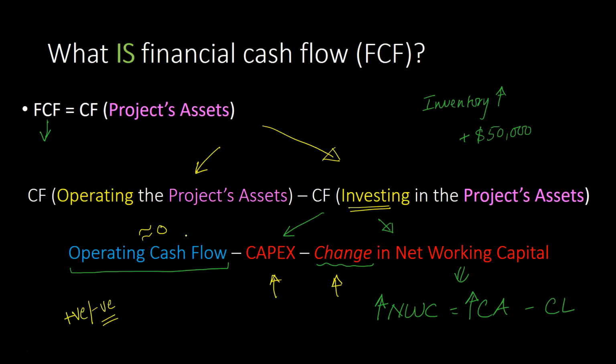The other thing to bear in mind is that capital expenditure and changes in net working capital are not things that just happen at the initial stage of an investment's life. Sometimes these are recurring expenditures. So even in year 4 or year 5, let's suppose your restaurant is perfectly operational. You are generating some money over here.